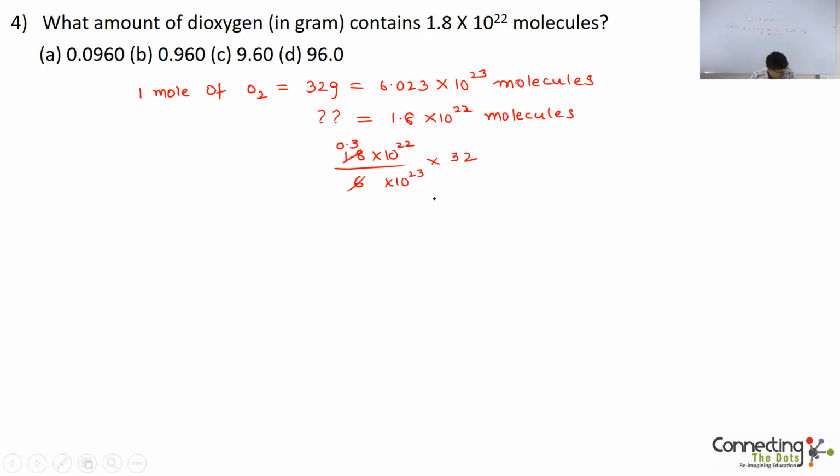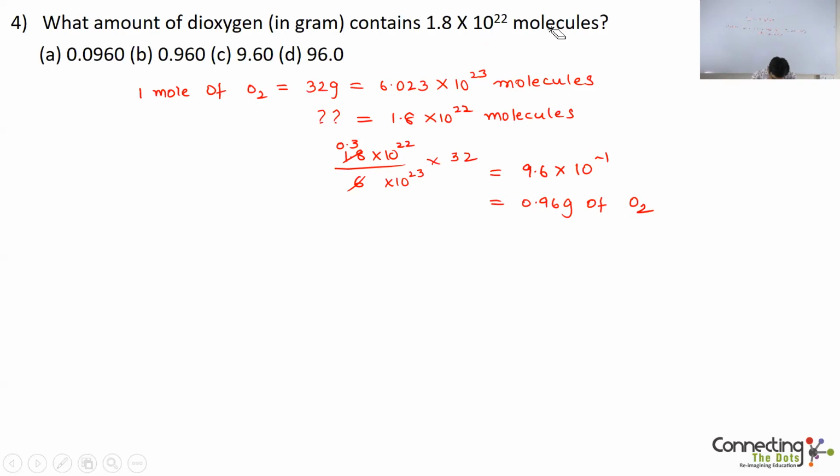And 0.3 times 32 will be how much? Let us calculate that. 0.3 times 32, I'm getting 9.6. The power of 10 goes from 10 power minus 1 to... so it will be 10 power minus 1. So it is nothing but 0.96 grams of dioxygen that will constitute these many molecules.